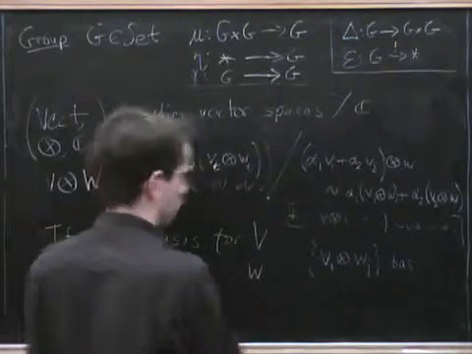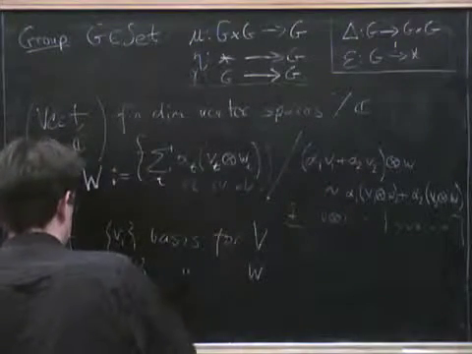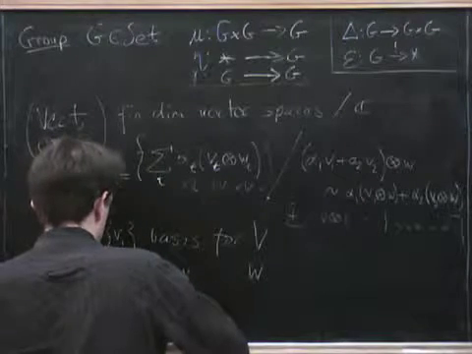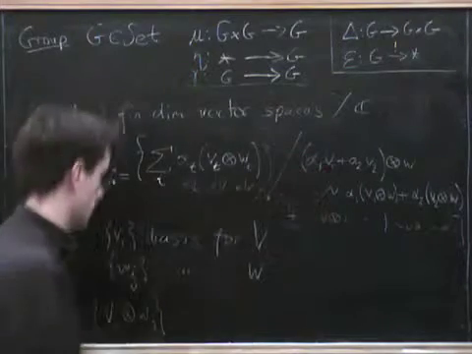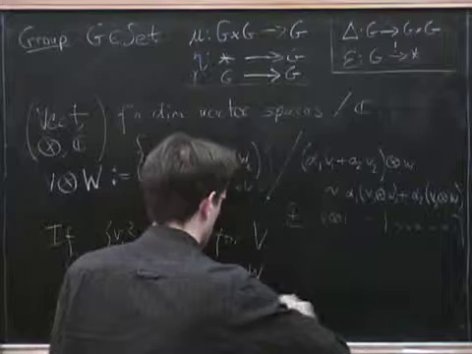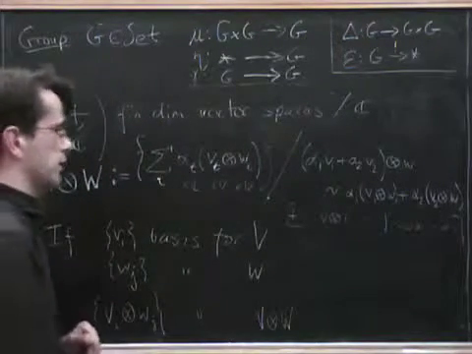Oh, I could have cunningly written it down, couldn't I? Then we get that Vi tensor Wj, you can quite easily see from the definition, just a couple of lines of calculation, is a basis for V tensor W. So, what's the sort of corollary of that?